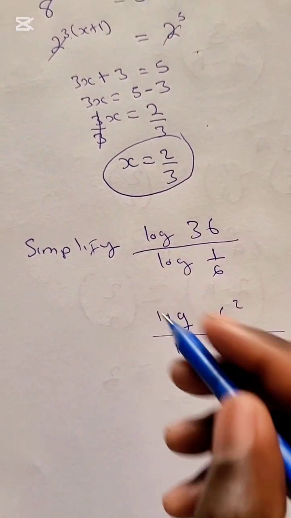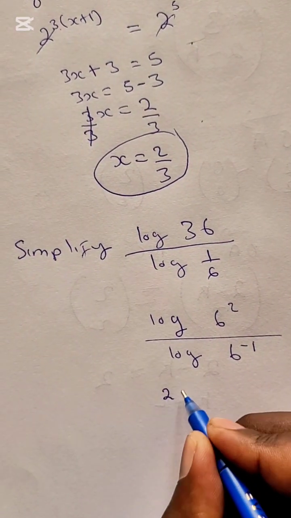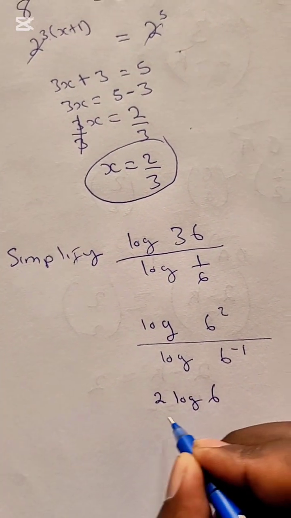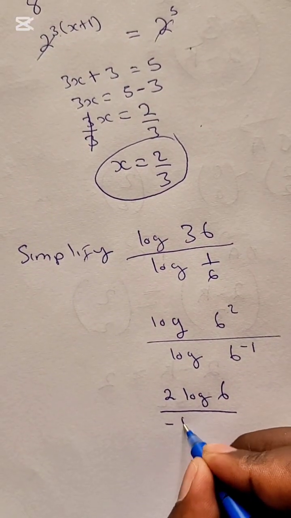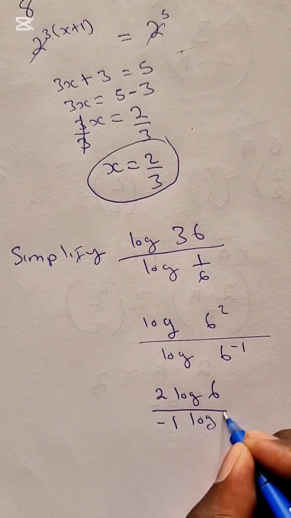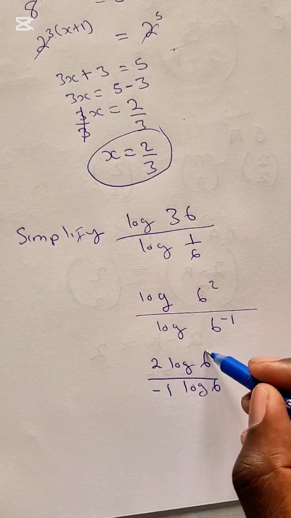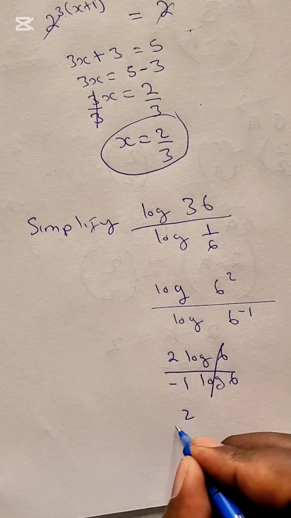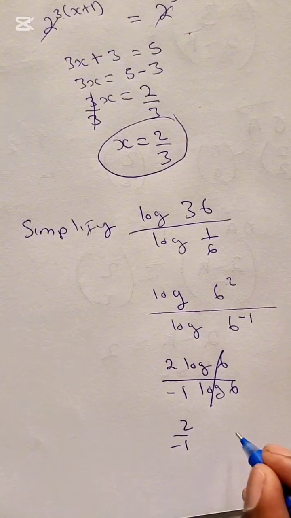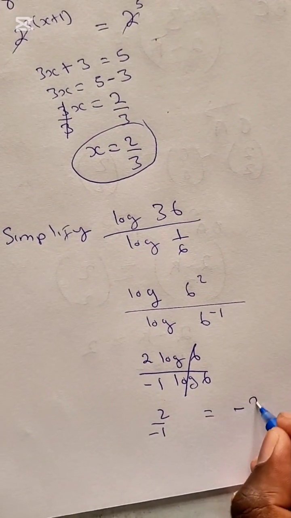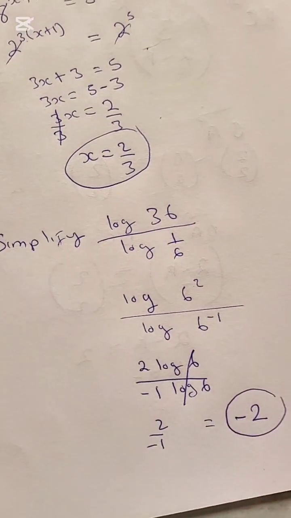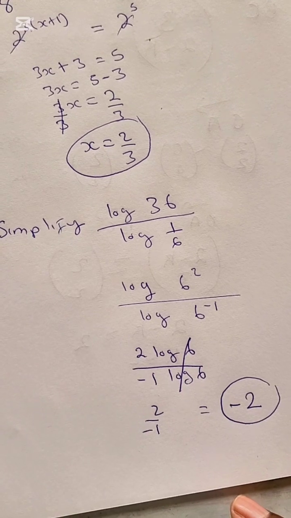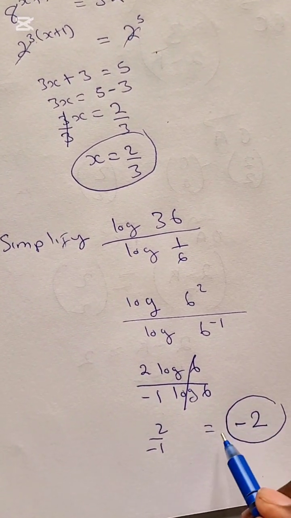So the powers come down: 2 log 6 over negative 1 log 6. Same bases, so we cancel log 6. We're left with 2 over negative 1, which gives negative 2.